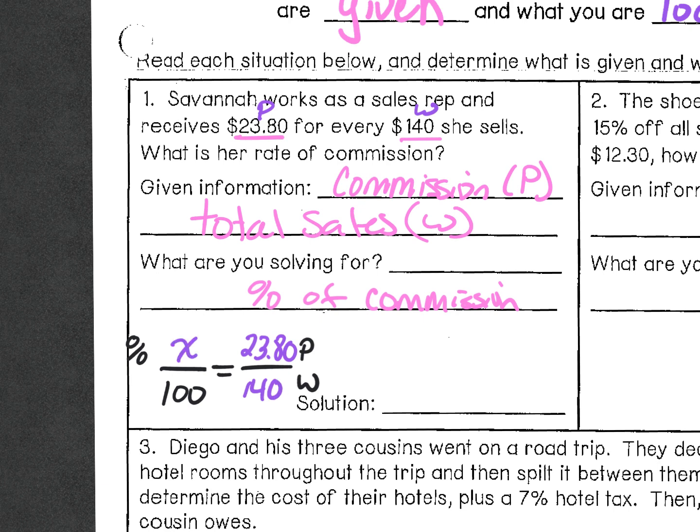We're going to cross multiply this. So we get 140X is equal to $23.80. No decimal on that one. Divide by 140. Okay, and then when we do that, we're going to get 17, and that's percent. That would be her commission.